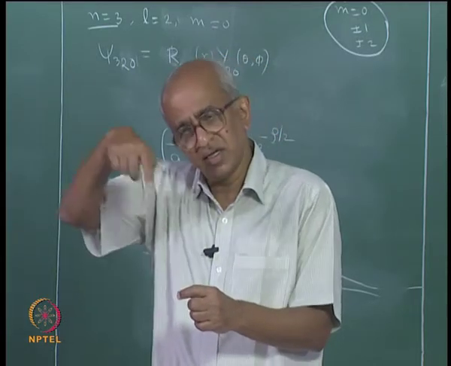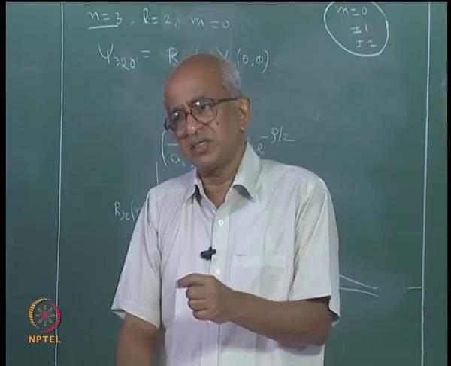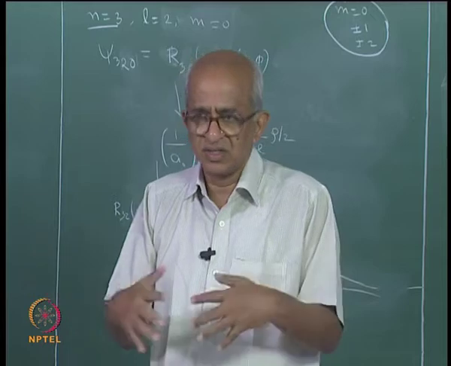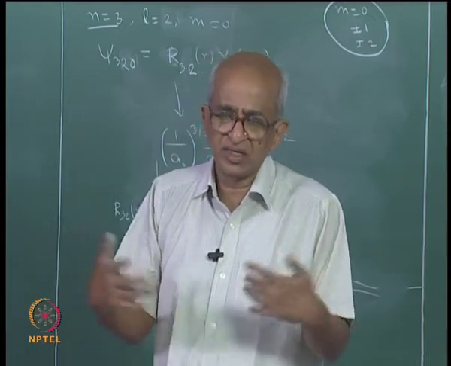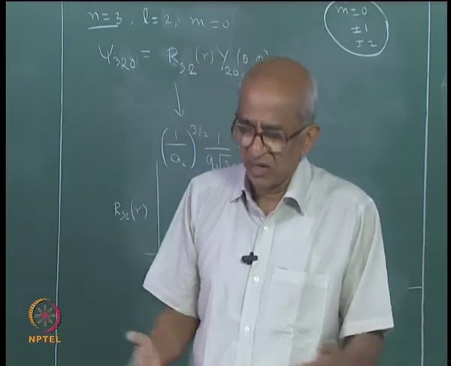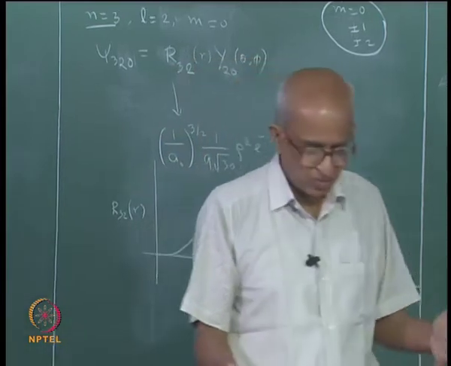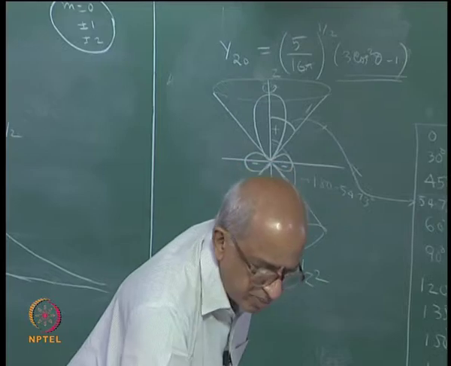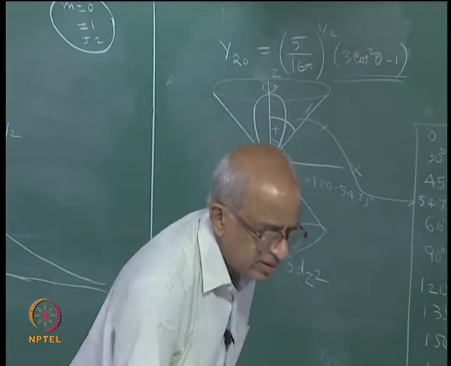And similarly, there is another cone whose vertex is pointing up. Along the surface of that cone also the wave function will be identically equal to 0, and hence you have another nodal surface. Okay. So, with this information, let me show you a polar plot of this orbital.